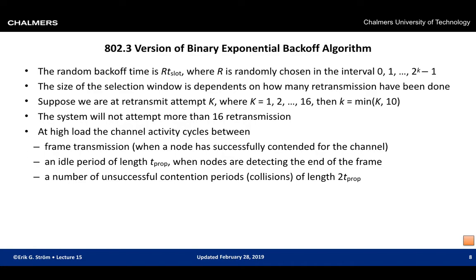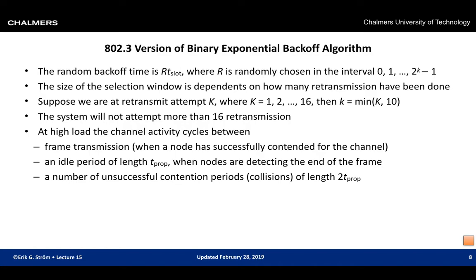So how do we calculate k? Well, something like this. So we choose R randomly in the interval from 0, 1 up to 2 to the power of k minus 1.